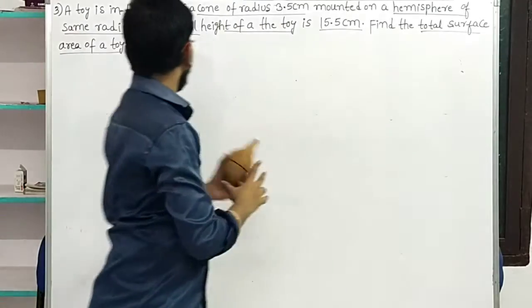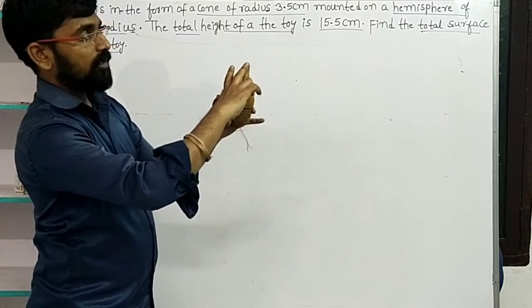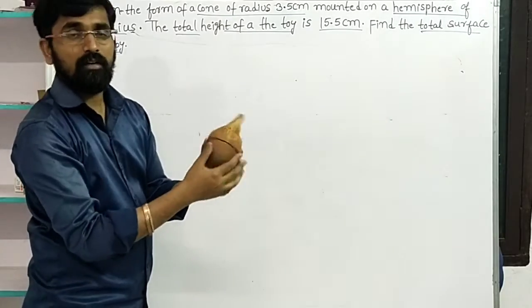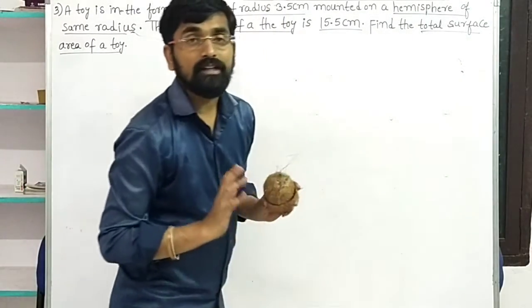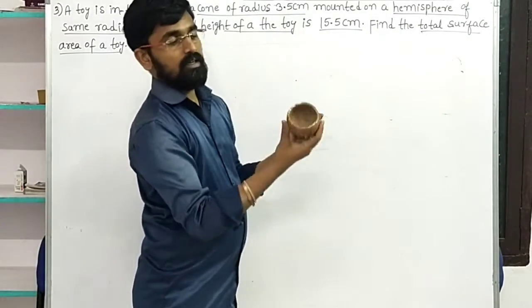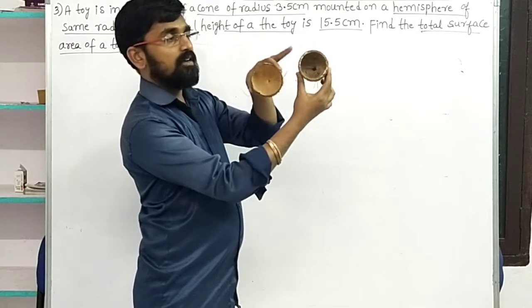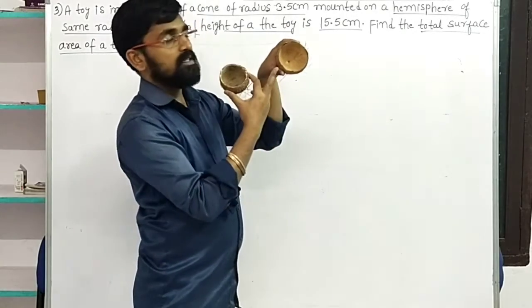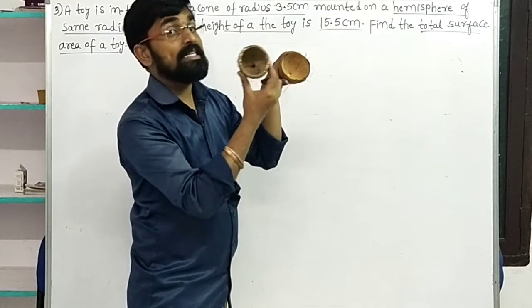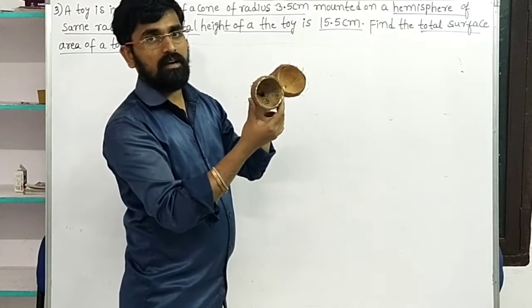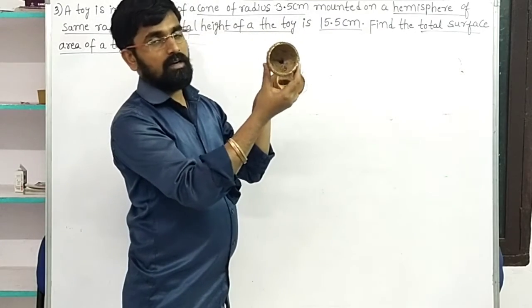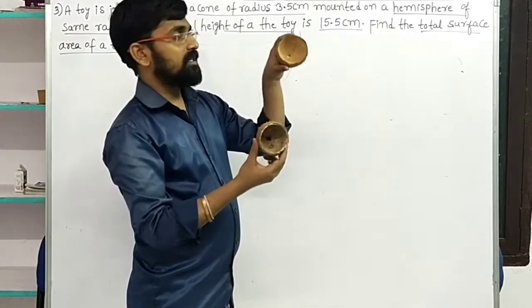Find the surface area of the toy. They want the total surface area of the toy. So how you are going to get it is CSA of a hemisphere plus CSA of a cone.